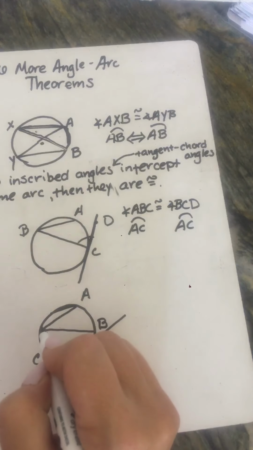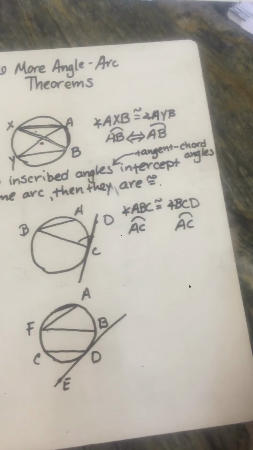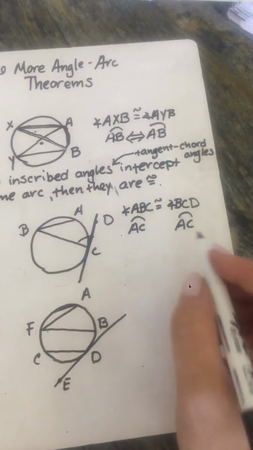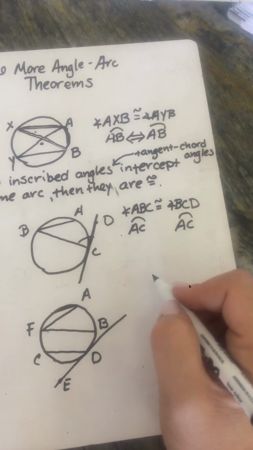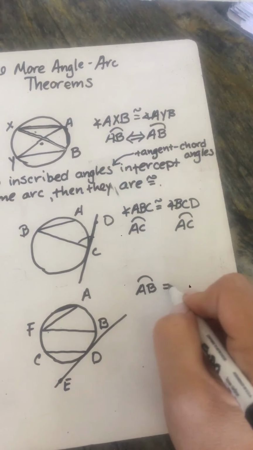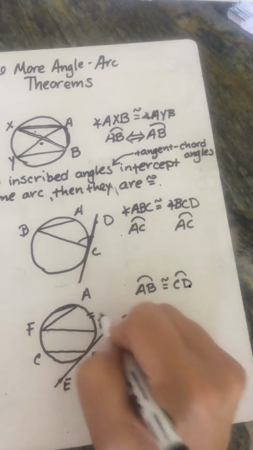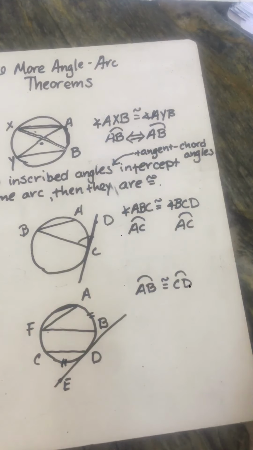F over here. Let's say that we know that arc AB is congruent to arc CD. Those two arcs are congruent.